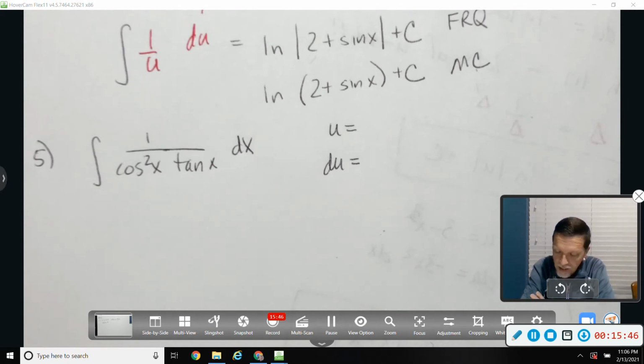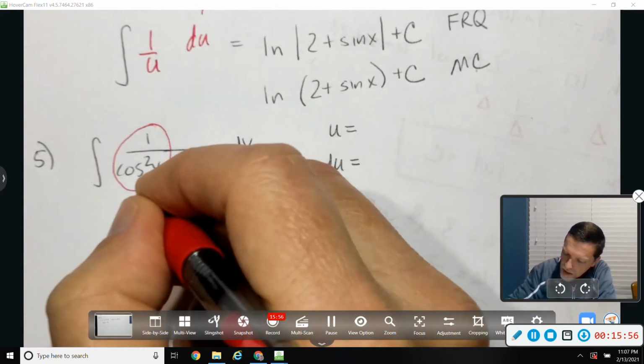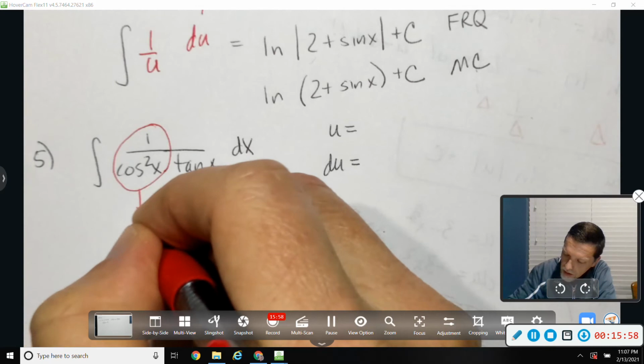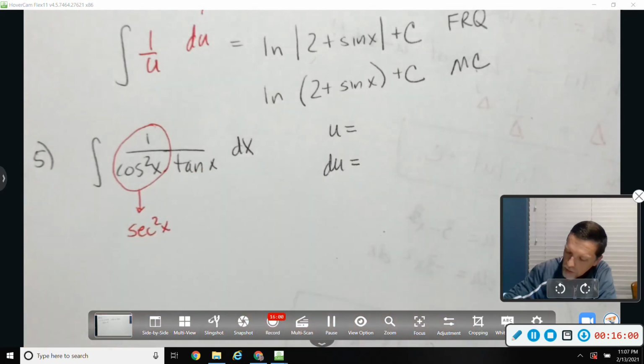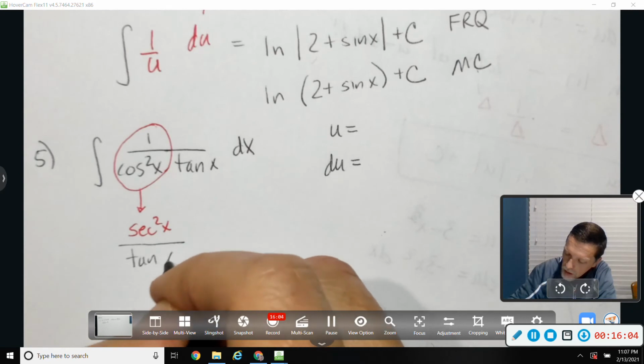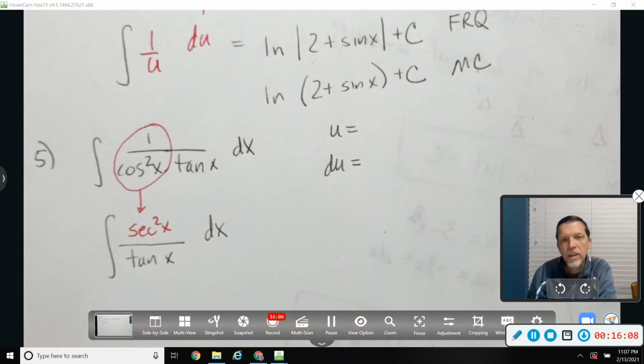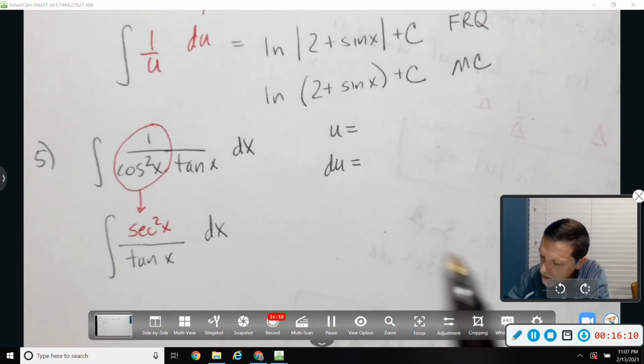Derivative of tangent is secant squared. That actually does help if we're really paying attention, because 1 over cosine squared is secant squared. So a little bit of trig identity work there.